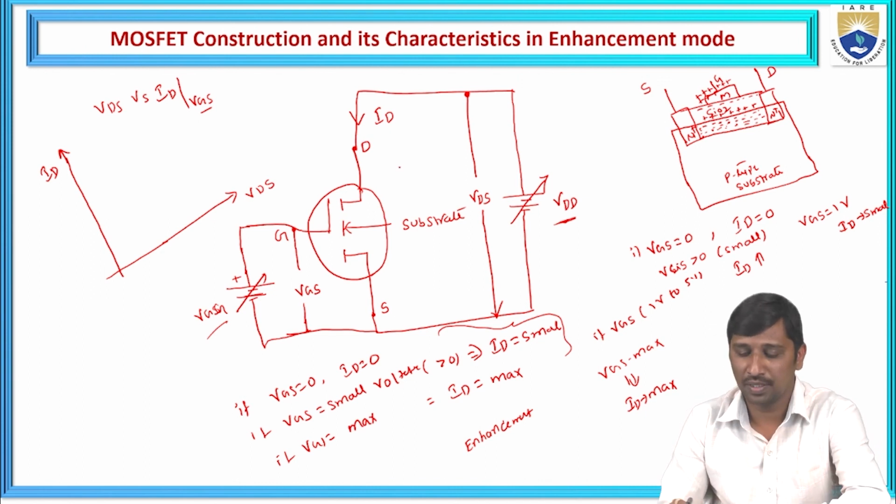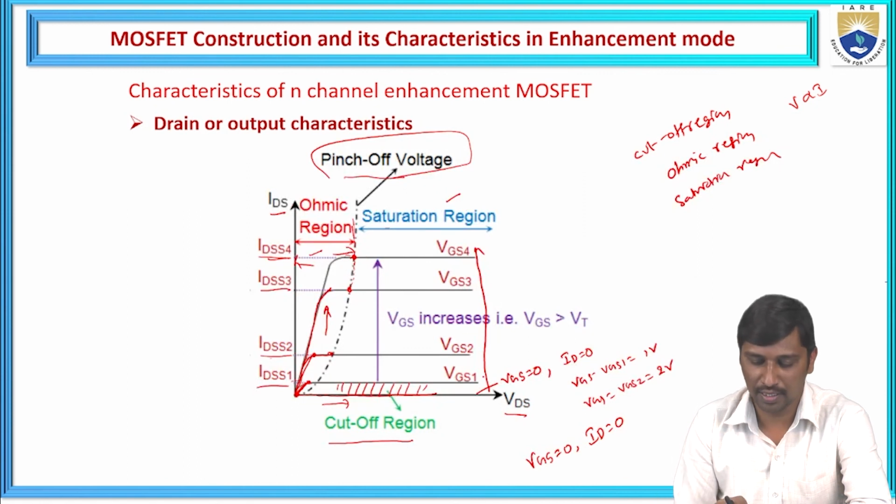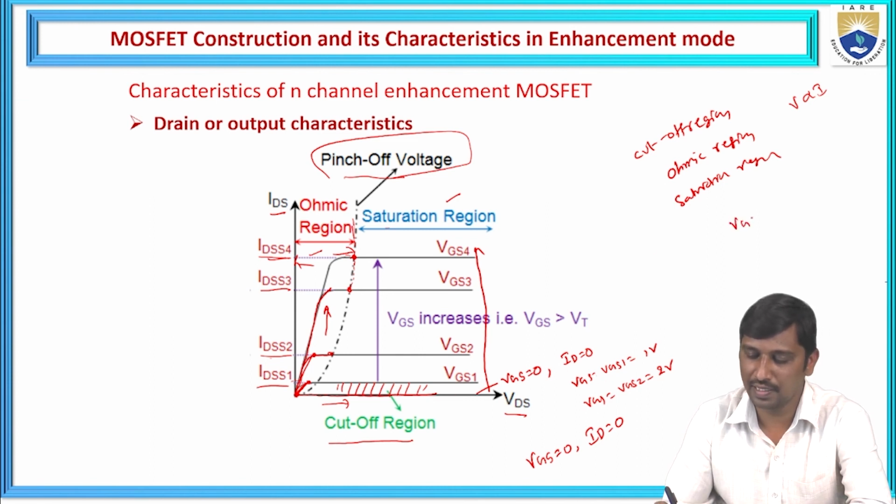So from this, if you look at the transfer characteristics, you can observe that when VGS is 0, the drain current is 0. If VGS is some small voltage greater than 0, ID is also a very small current.